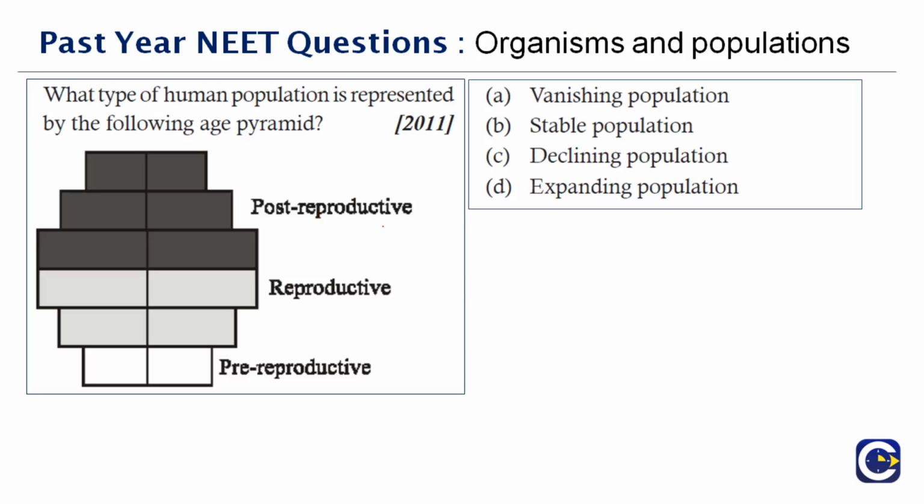Next question here. What type of human population is represented by the following age pyramid? So the dark shaded ones are post-reproductive, reproductive, and pre-reproductive. The age pyramid represents the declining population of any organism. So it's slowly declining.